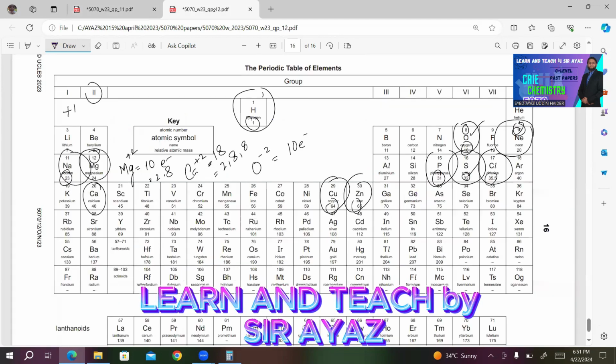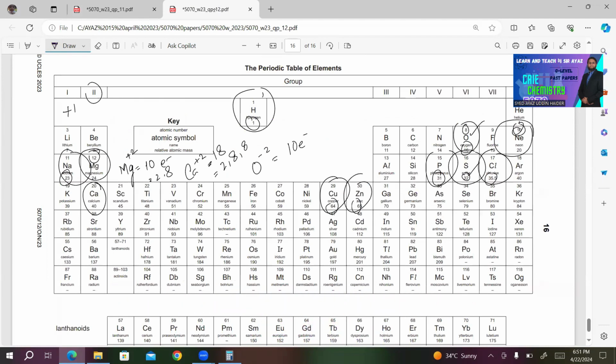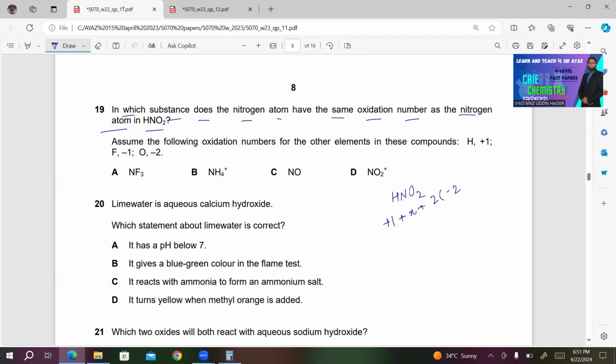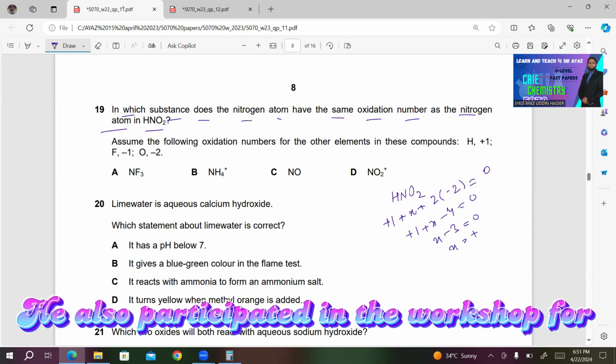Oxygen is highly electronegative, so it must be carrying -2. So I will write 2 multiplied by -2. Overall charge: I don't see any charge, so I will write 0. So +1 plus X minus 4 is equal to 0, or X minus 3 is equal to 0, or X is equal to +3. So it must be carrying +3.